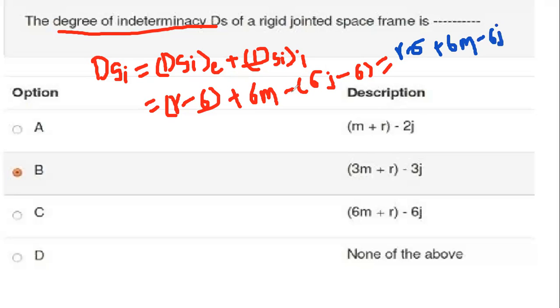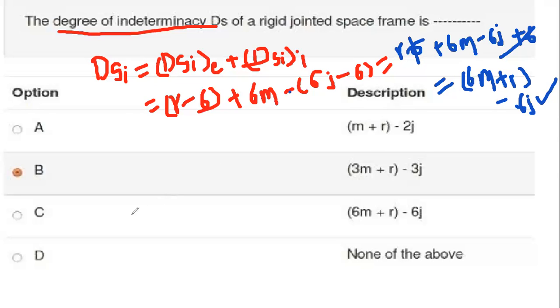Now this minus minus will become plus 6. So this minus 6 and this plus 6 will cancel out. And what we get here is R plus 6m minus 6j, or we can write it as 6m plus R minus 6j. So this is the formula of DSI for a rigid jointed space frame.